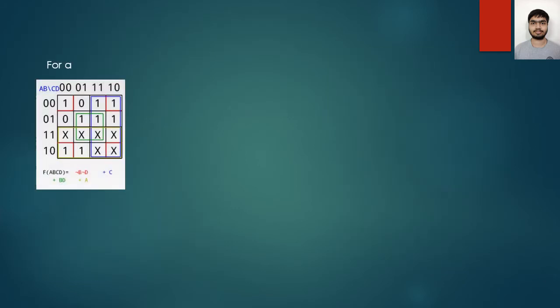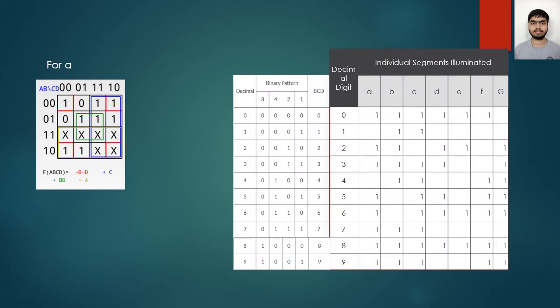Here we can see a K-map for LED A and the corresponding inputs A, B, C, and D. We know A is enabled for decimal numbers 0, 2, 3, 5, 6, 7, 8, and 9. So for 0 we have 1. For 1 this will be 0.